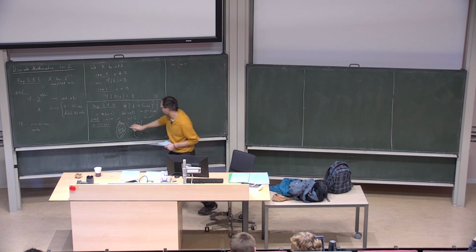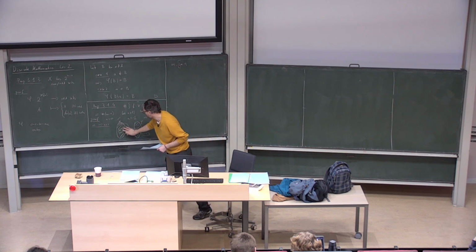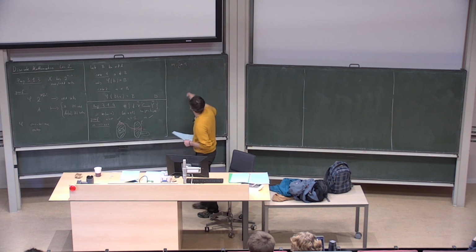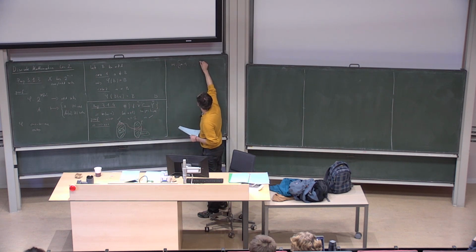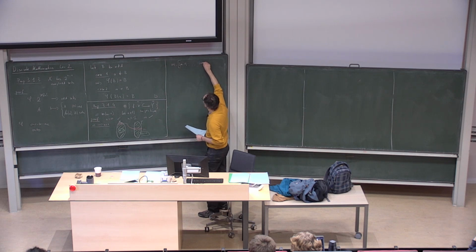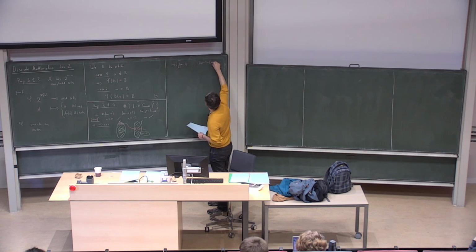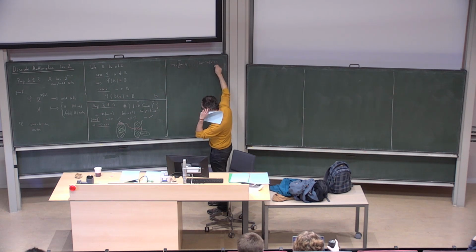Oh, sorry, I went from n to n plus 1. So here's still m remaining, but this is n minus 1. So we have m minus 1 up until m minus 1 minus n. Is this correct?